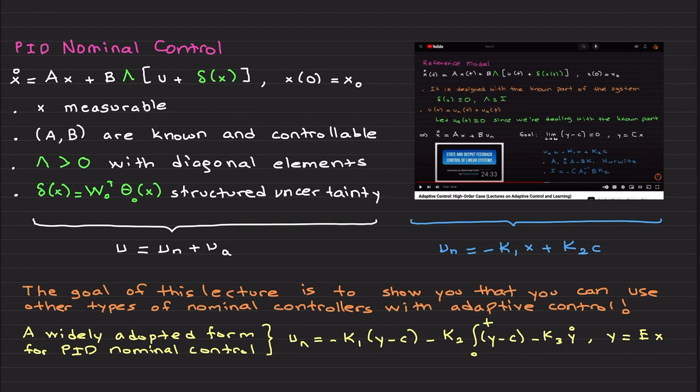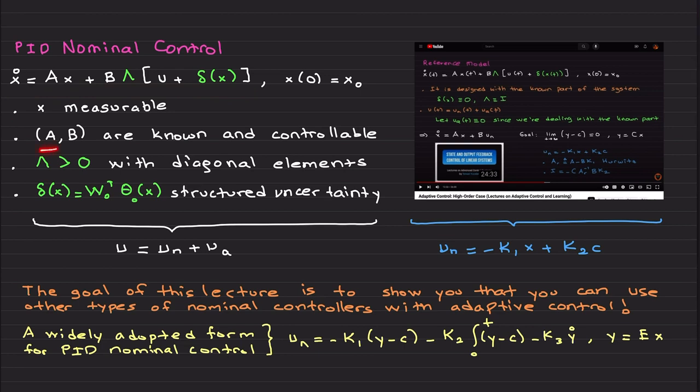And now we are going to add the derivative term, PID, and to be self-contained, I am going to show you all the details, all the steps, and how you can use a PID controller as the baseline or nominal control.